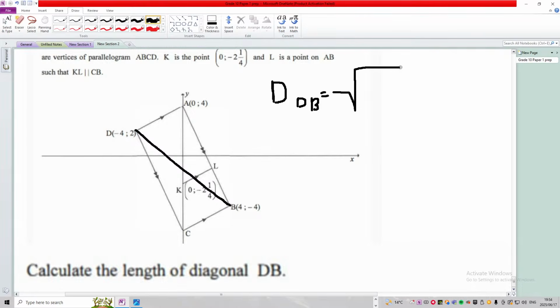We have our big square root, x2 minus x1, close bracket, squared. You guys really will make mistakes with this close bracket, squared, and all of that. I just know it. Plus y2 minus y1, squared.